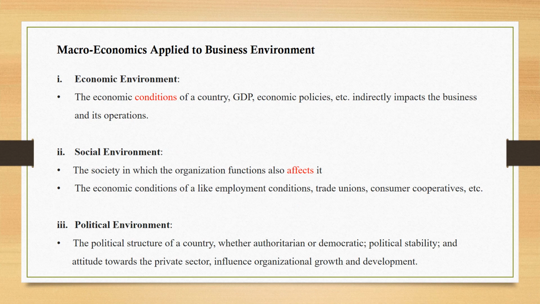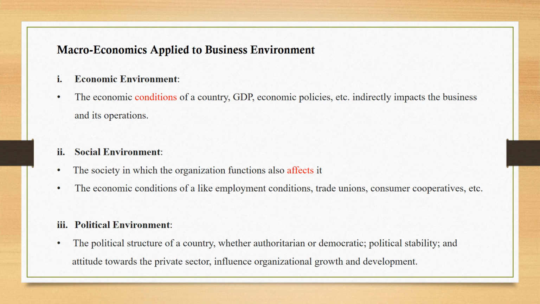Next is macroeconomics, which is applied to the business environment. Firstly, the economic environment. The economic conditions of a country, the GDP, economic policies, etc., indirectly impact the business and its operation. Nextly, we could consider the social environment. The society in which the organization functions also affects it, and is a parameter to be concerned with here.